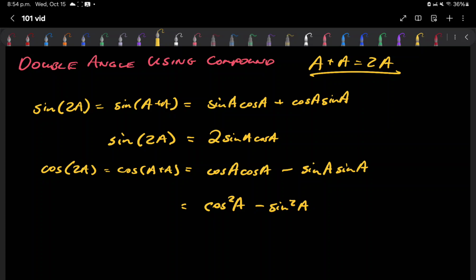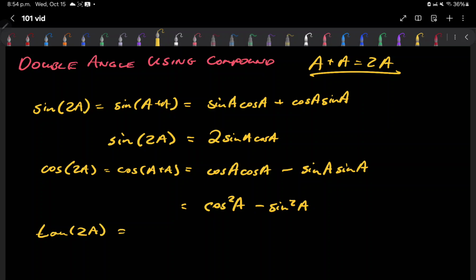Depending on which one you memorized, for the tan, you can still get to the tan double angle identity. So, assuming we have the tan compound angle identity in our tool belt, we can go ahead and find our tan double angle identity.